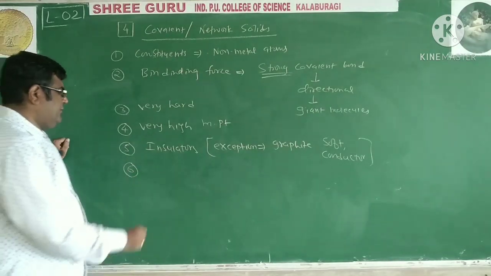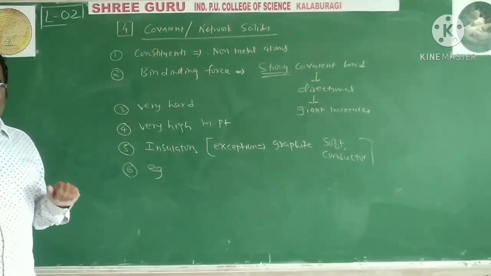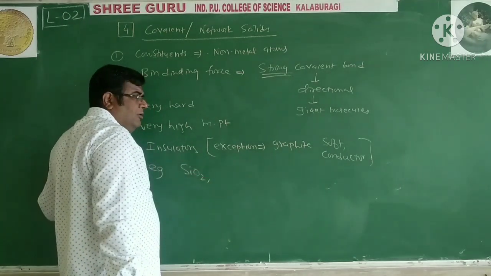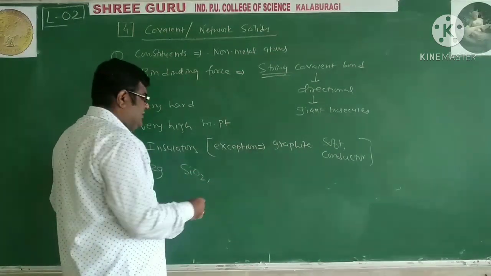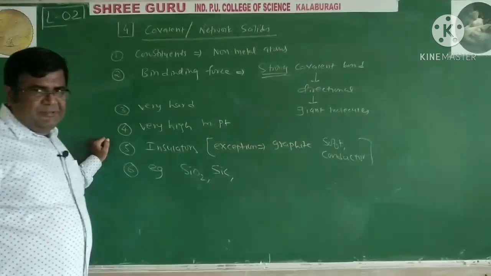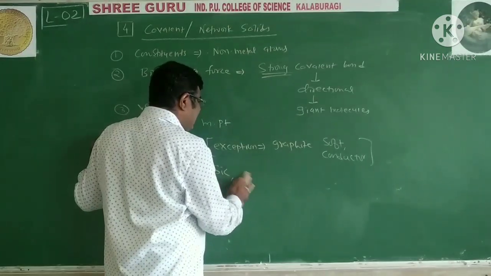Sixth point. Look at the examples. They are very typical and they are very few. Silicon oxide, quartz, silicon dioxide, silicon carbide, carborundum, graphite, or aluminium nitride.